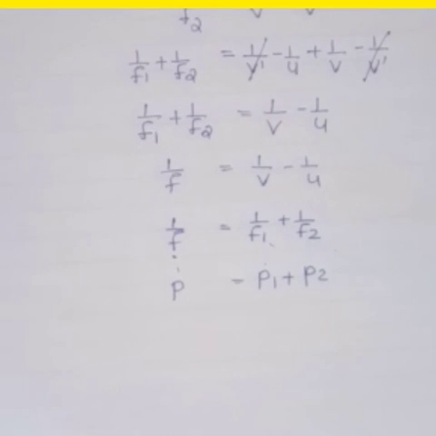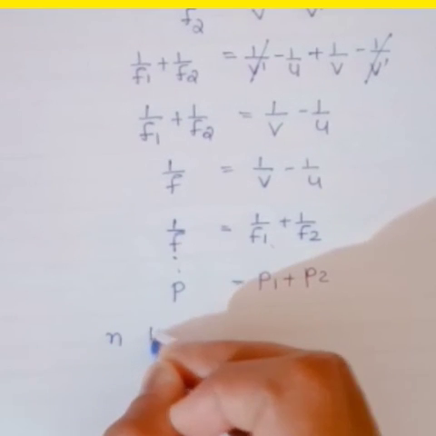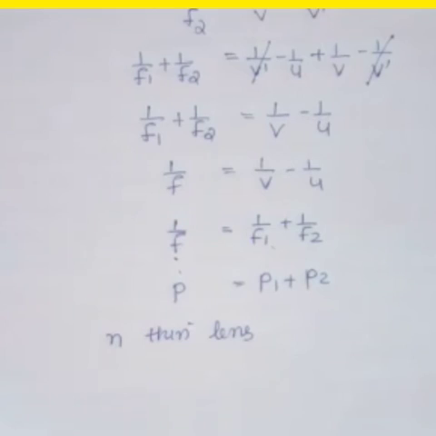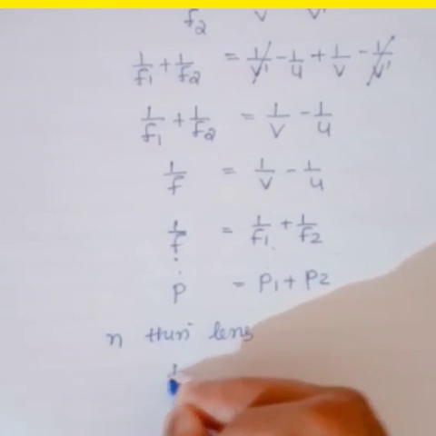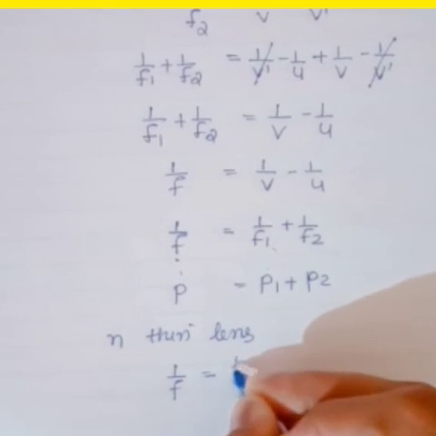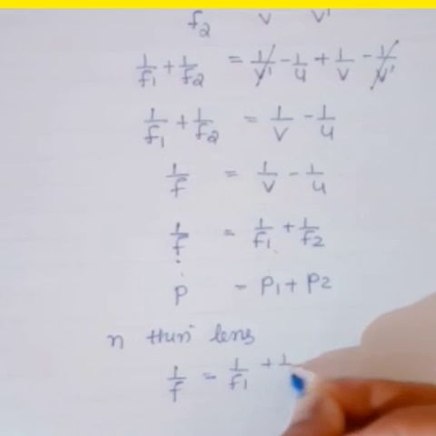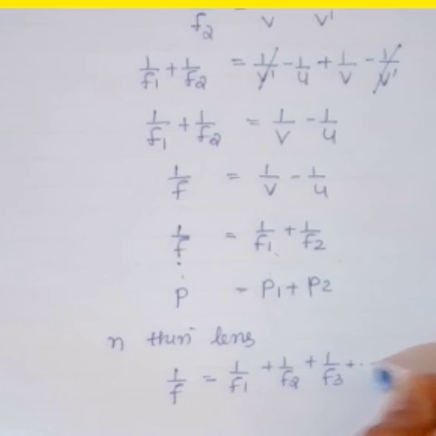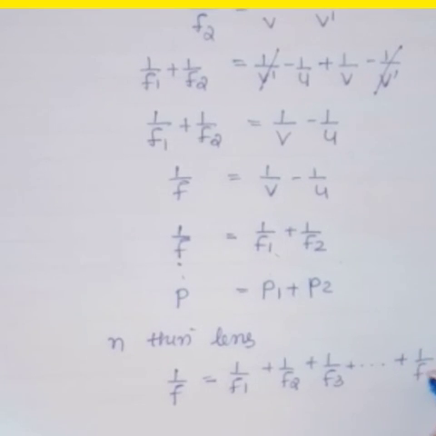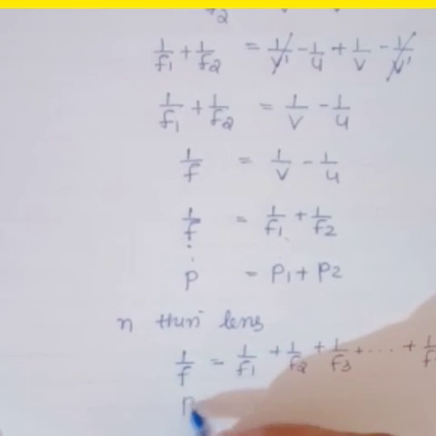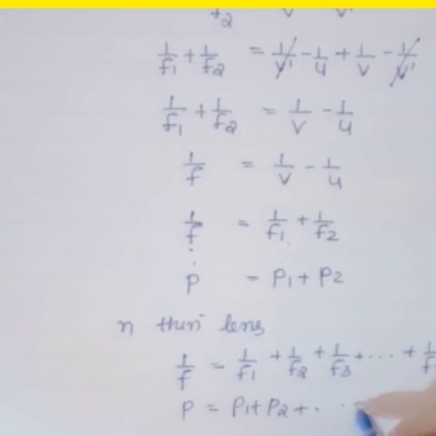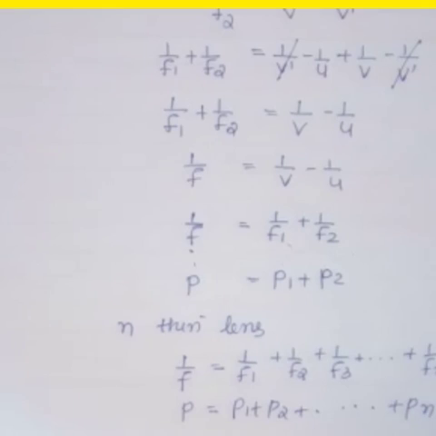Suppose n thin lenses are in contact, then the equivalent focal length is given by 1 by f is equal to 1 by f1 plus 1 by f2 plus 1 by f3 and so on, plus 1 by fn. And the power is P equal to P1 plus P2 and so on, plus Pn.